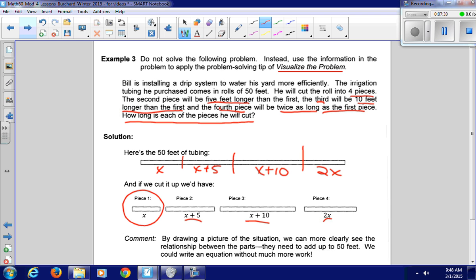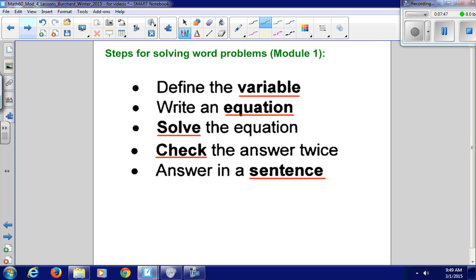So now we do need to write an equation, so we're going to continue on from there, but I just want to remind us that our next steps are we want to define the variable and write an equation. So what we were just doing was in order to write an equation.